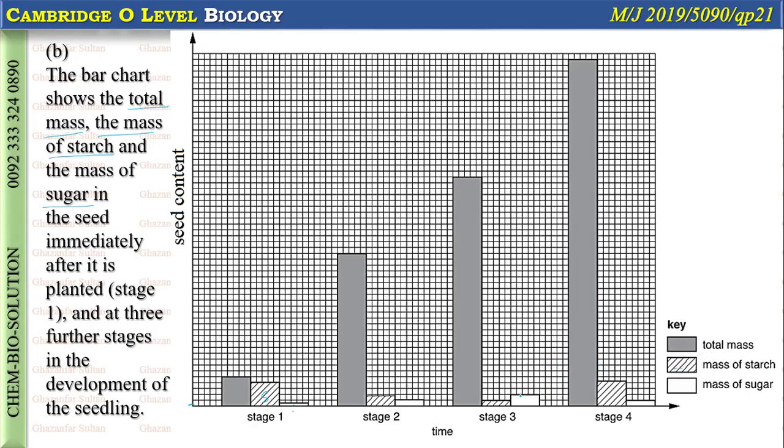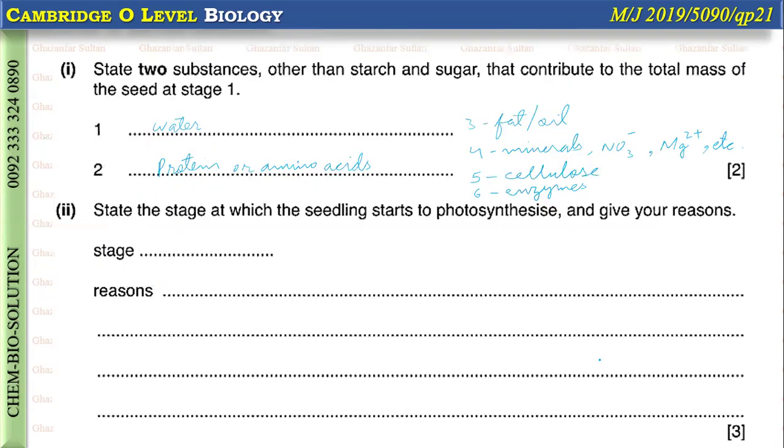So if you see in stage 1 and stage 2, starch is decreasing, and up to stage 3, starch is further decreasing. But then the level of starch increases. It is definitely because of photosynthesis; there is no other way to increase the starch in plants except photosynthesis. So definitely photosynthesis starts at stage 4. The seedling starts to photosynthesize.